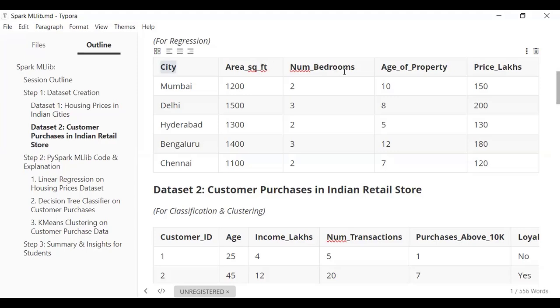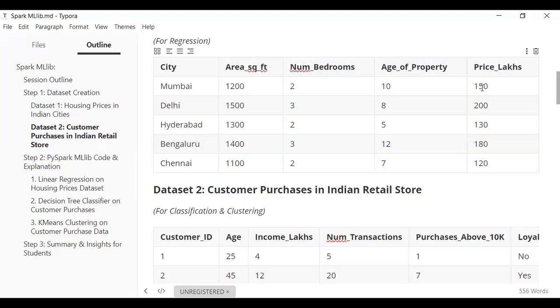This is the number of bedrooms for that house, and this is the age of the property, maybe 10 years or 8 years. And the price I am giving in lakhs.